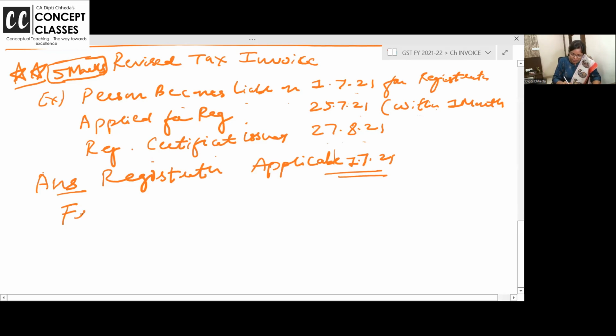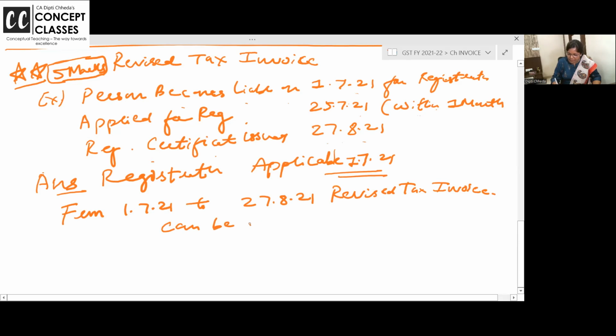Now, from 1st July 21 to 27th August 21, a revised tax invoice can be issued. A revised invoice must be issued.